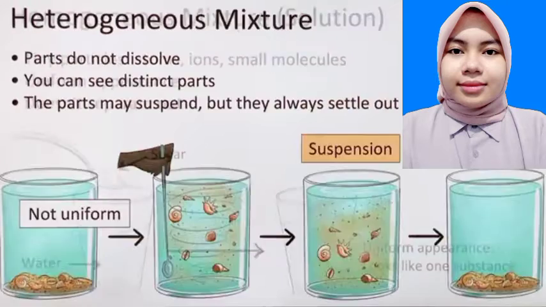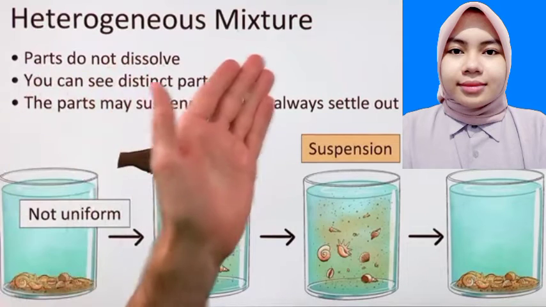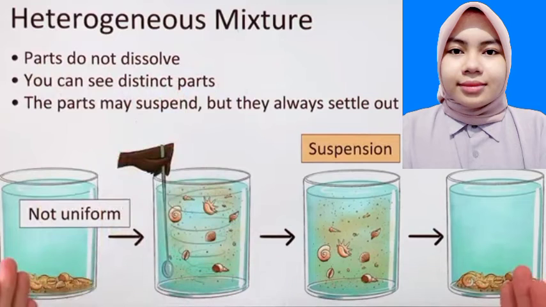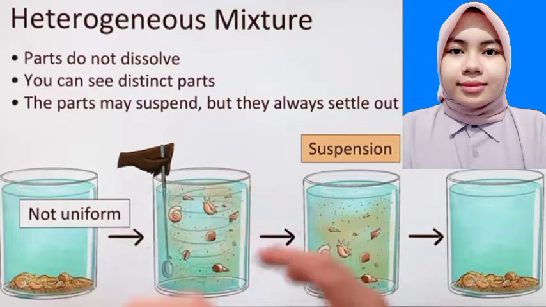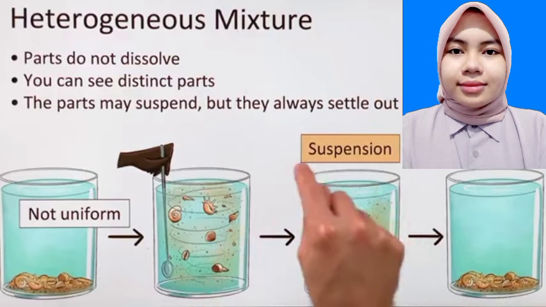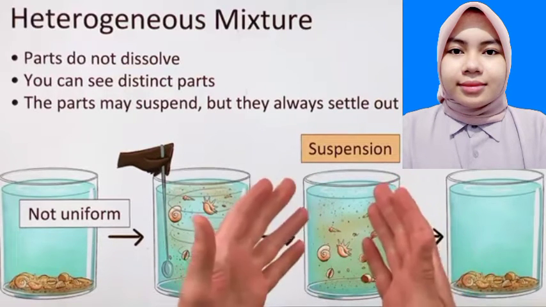On the other hand, in a heterogeneous mixture, the parts don't dissolve. Here is sand and water. You can see the distinct parts here. Now, if you stir things up, the different substances may hang in the water for a moment.